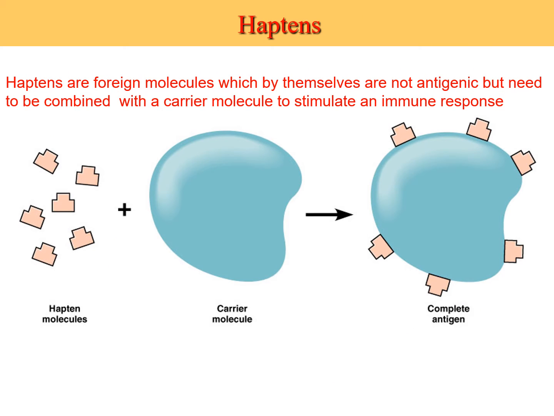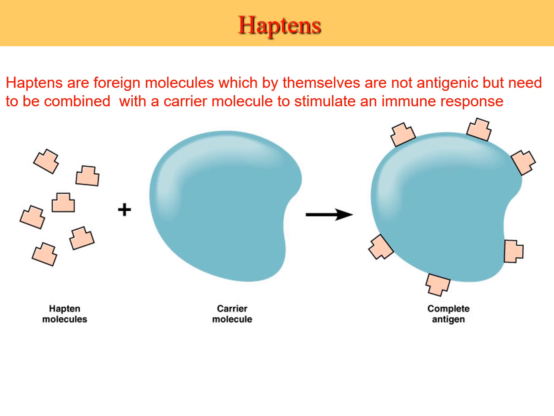Sometimes, I don't know if I want to teach you this so much. It's good for your own information. The idea is that sometimes you have foreign molecules that are too small to trigger an immune response, but if they get combined with what's called a carrier molecule, then they can trigger an adaptive immune response.